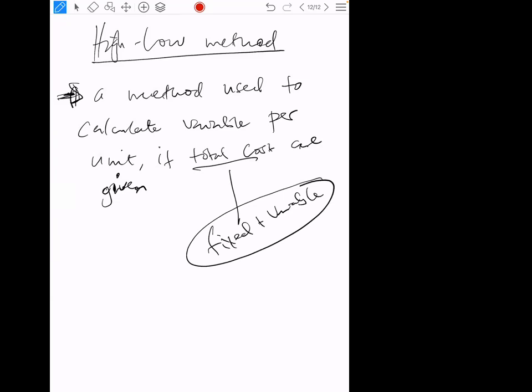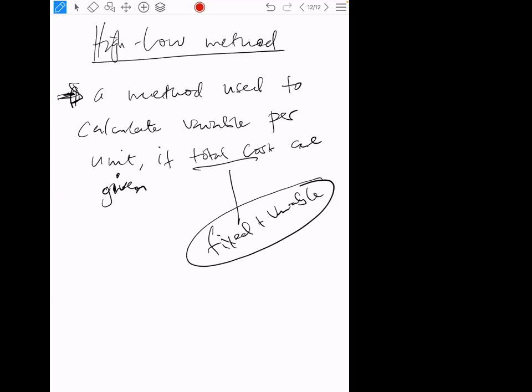Then they ask you to calculate the variable cost per unit. You are given total cost, meaning that it comprises both the variable and the fixed element. You are going to use the high-low method to split. You'll see how it splits.